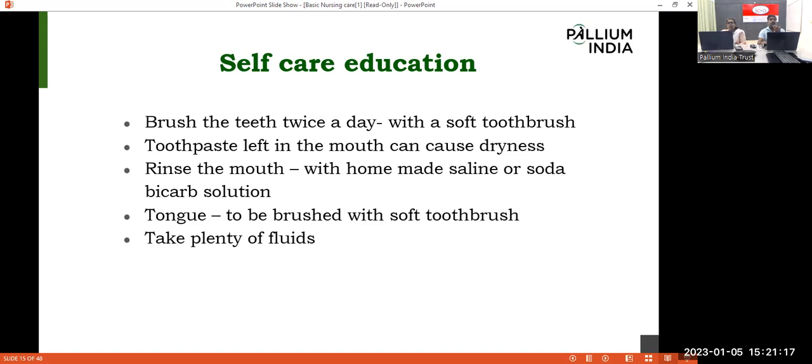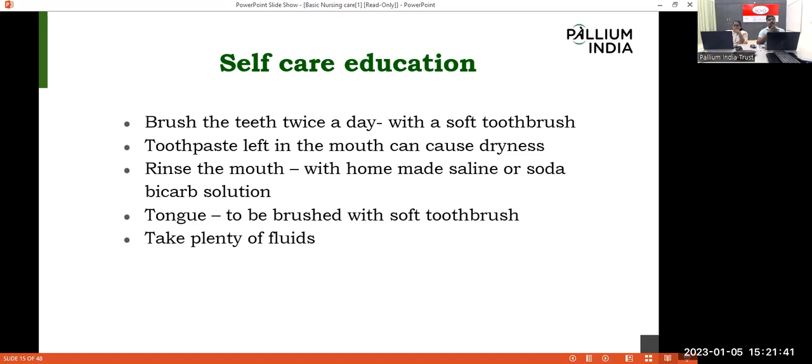Then, if the patient is using toothpaste for the oral care, we need to ensure complete cleaning. We need to educate them, because if the toothpaste content is left in there, it will cause dryness. So we need to ensure that. Then for proper cleaning, rinse the mouth periodically.